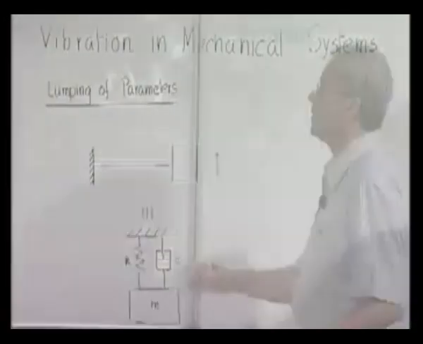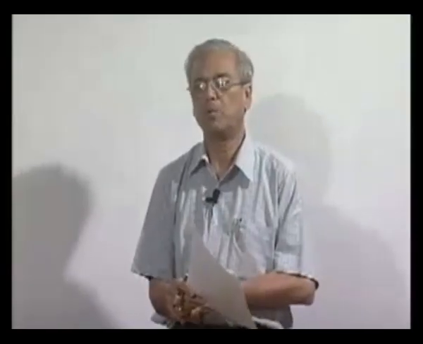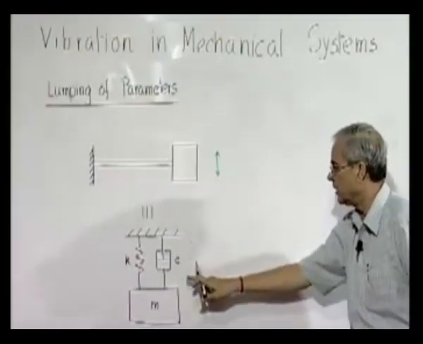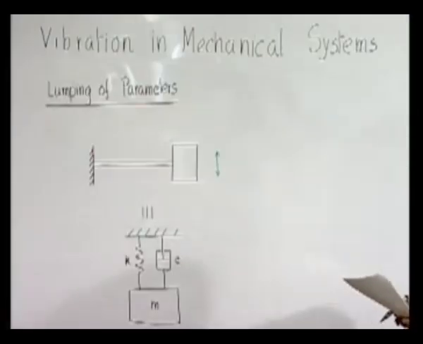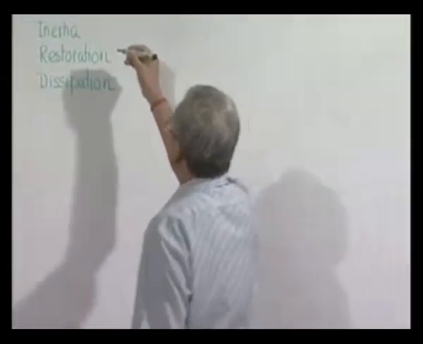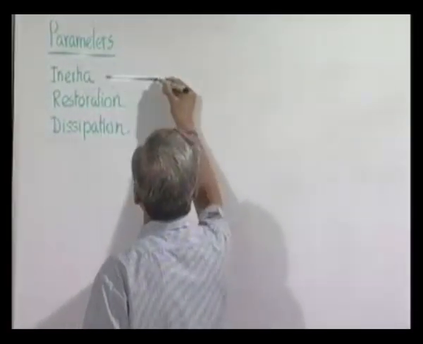So this is precisely the principle of lumping of parameters, and therefore this is the actual system and this is the lumped parameter system. Now before we take up more such cases, we should have some little idea about these parameters.